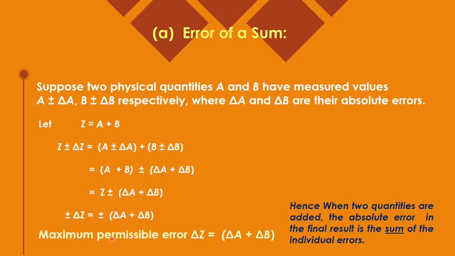That is the maximum value of the error that is permissible, and it is always taken with the positive sign. So delta Z maximum is equal to delta A plus delta B, by adding both the errors. This is a very important thing, bache.